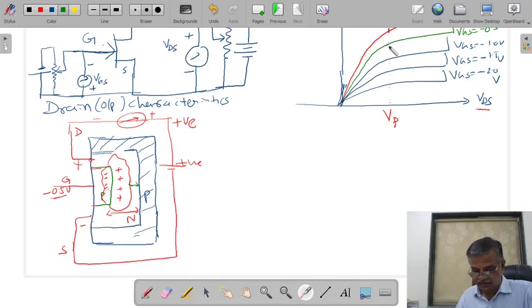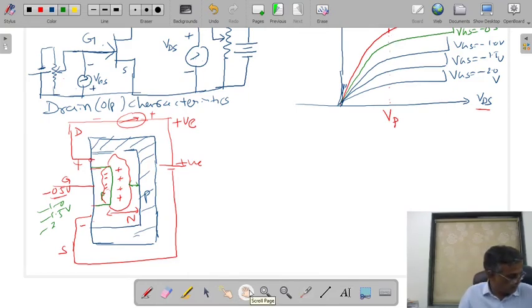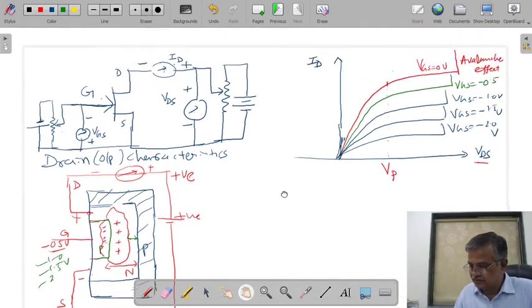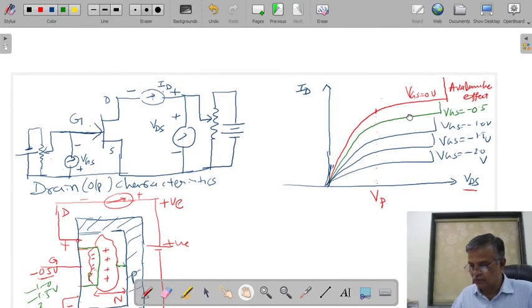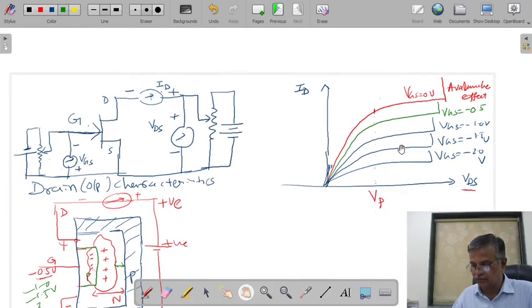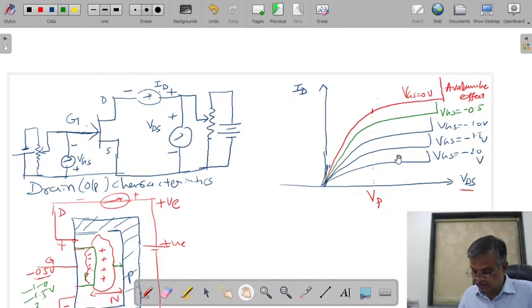So again, as you increase this voltage, minus 1, minus 1.5, minus 2, you can see here VGS is 0, minus 0.5, minus 1, minus 1.5, minus 2 volt, which means your drain current decreases.